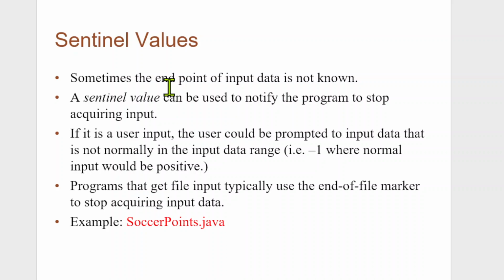If it's user input, the user can be prompted to put in something to stop it. You can say, hey, give me a -1, and I know we're not done until then, because you can't have -1 days. And with files, typically an end of file marker lets you know the file is done, so you can quit reading it.